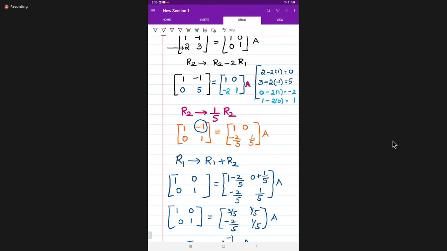Here the minus 1's lower element is 1. If I add these two, you can get 0. So which operation do we apply here? R1 implies R1 plus R2.